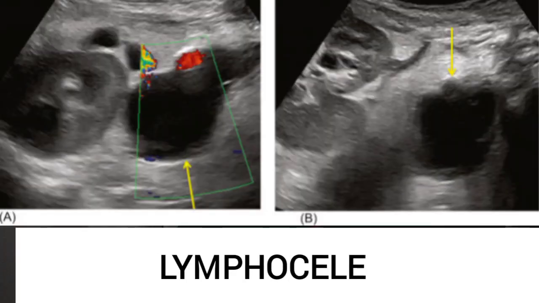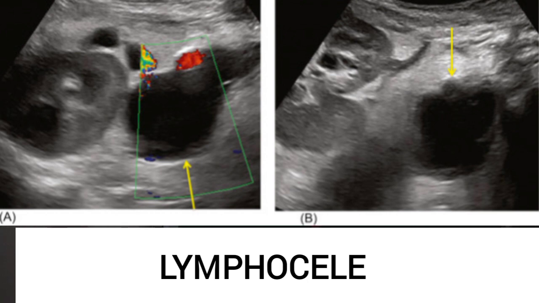Lymphoceles are cystic collections of lymphatic fluid as a result of surgical or traumatic disruption of the lymphatic vessels. They're commonly seen after renal transplantation. You also will see that in lymphadenectomy in the retroperitoneum or pelvis. They usually develop after a month or two of surgery.